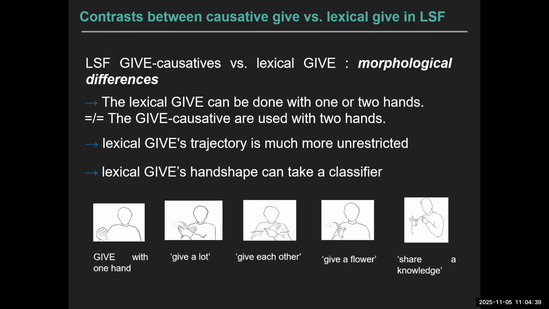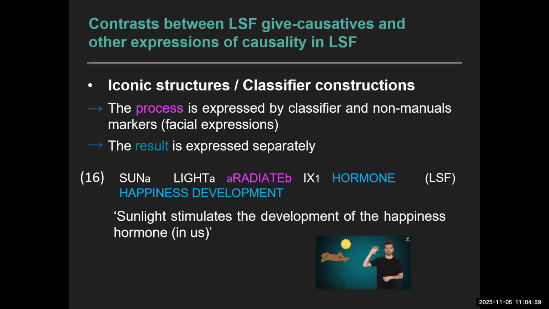The lexical item of give in French Sign Language can work metaphorically as well, for example, imparting knowledge. But you can't actually do this with the causative. So it is fixed in terms of form, albeit directional.